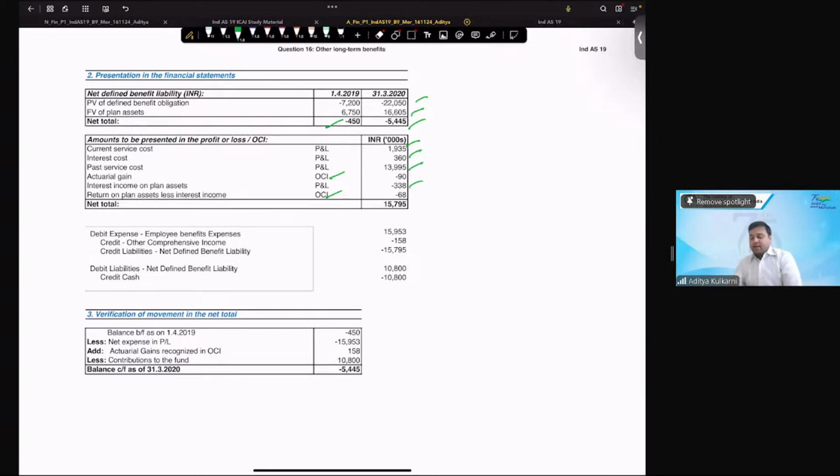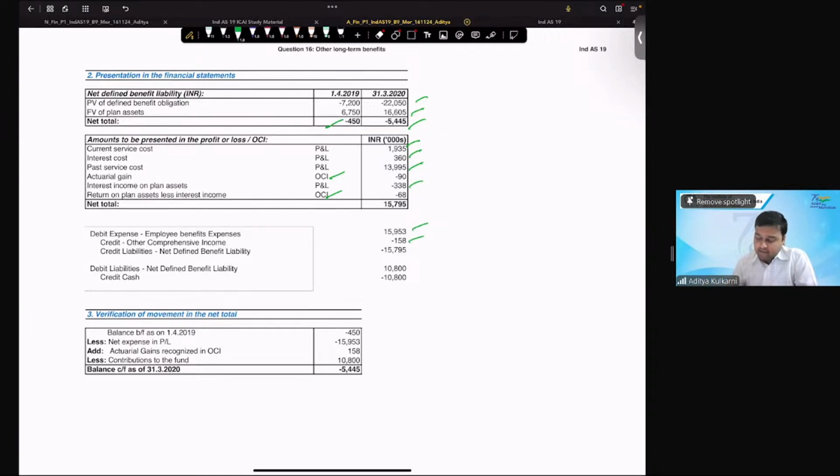All right. Any doubts so far? I'll come to your query, Hemant. 90 and 68 go to OCI. So the adjustment entry: employee benefit expenses debit, take the total of the items in the P&L.